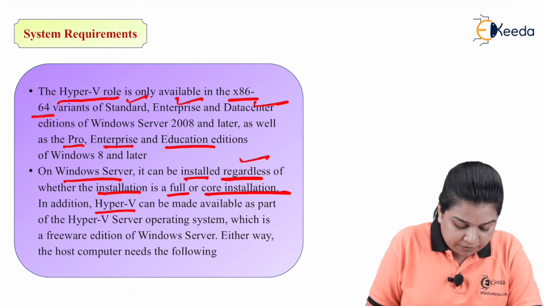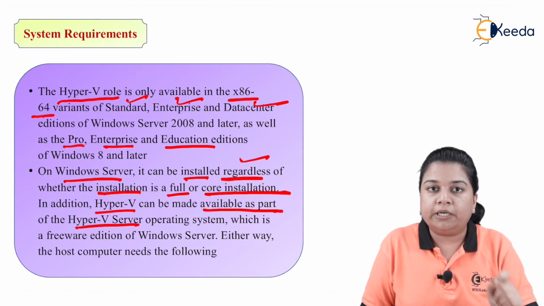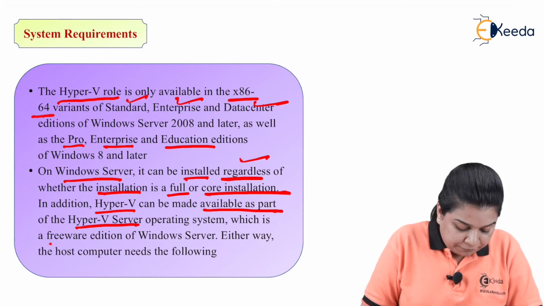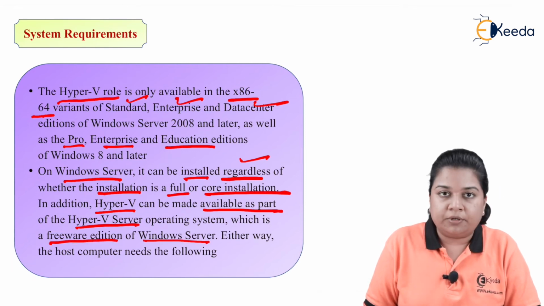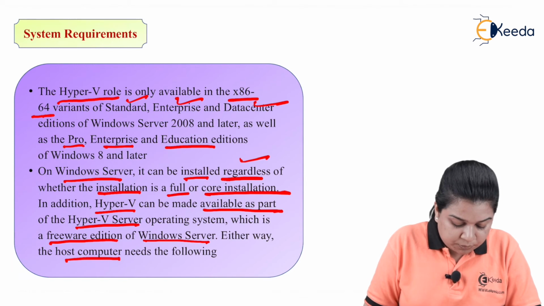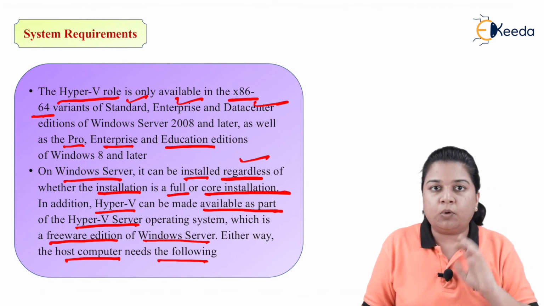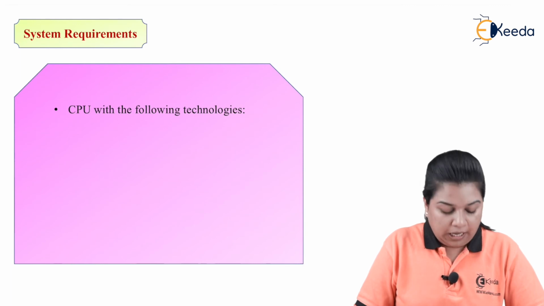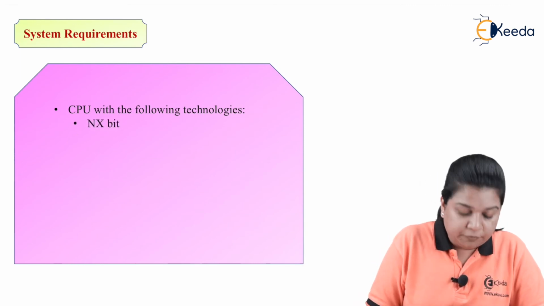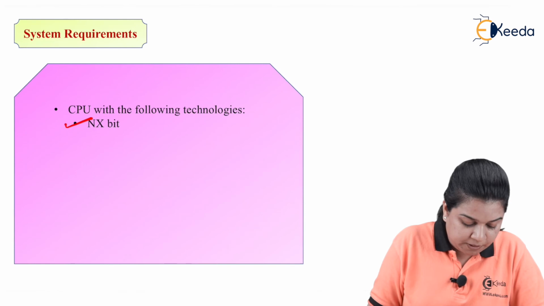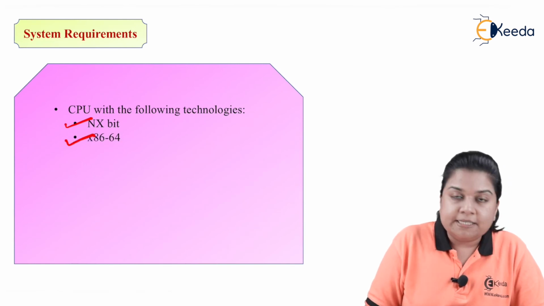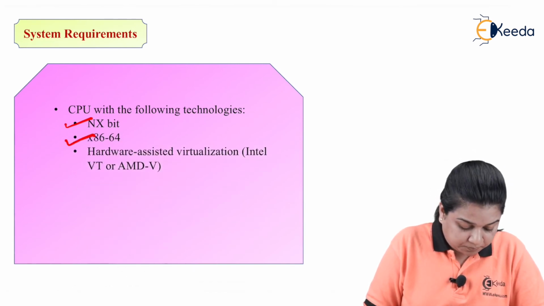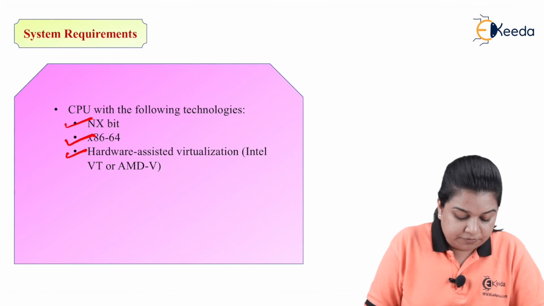In addition, Hyper-V can be made available as part of the Hyper-V Server operating system, which is a freeware edition of Windows Server. Either way, the host computer needs the following requirements. The requirements needed by Hyper-V are a CPU with the following technologies: NX bit, x86-64, hardware-assisted virtualization.